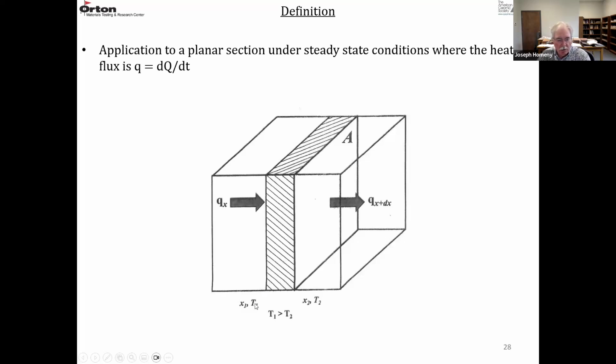One at x1 has a temperature T1, and one at position x2 at a temperature T2. So T1 is greater than T2. So we have a temperature gradient, so heat is going to flow from left to right. At x1, we have qx, and at x2, we have qx plus dx, which is this thickness, x2 minus x1.